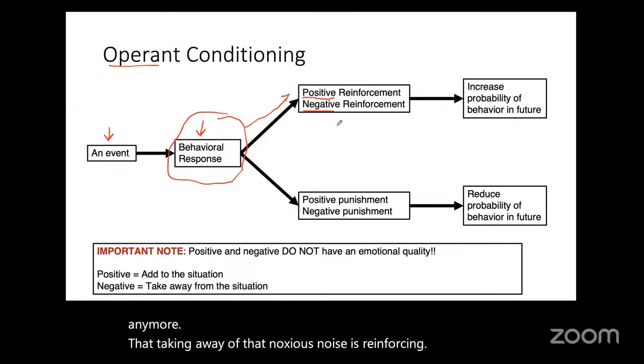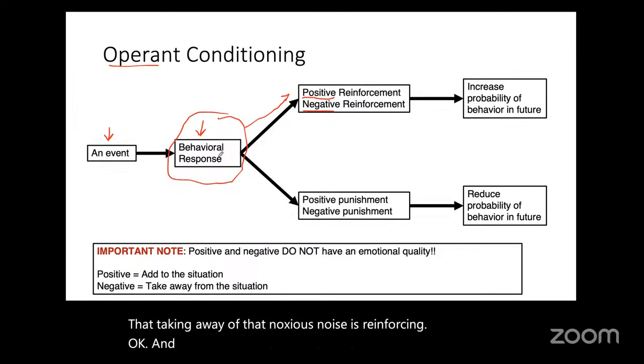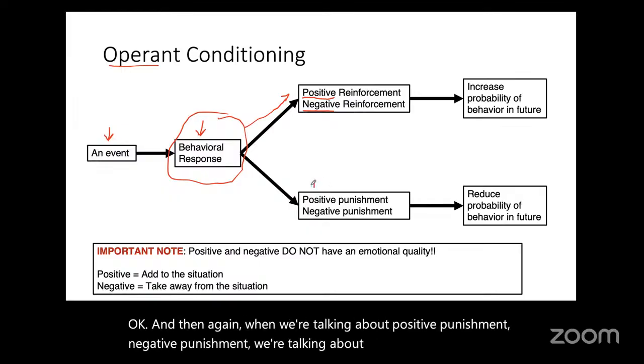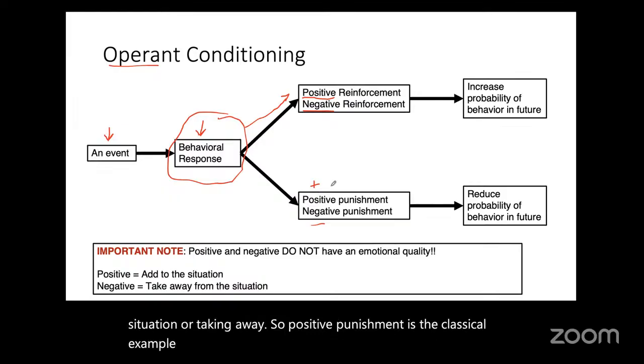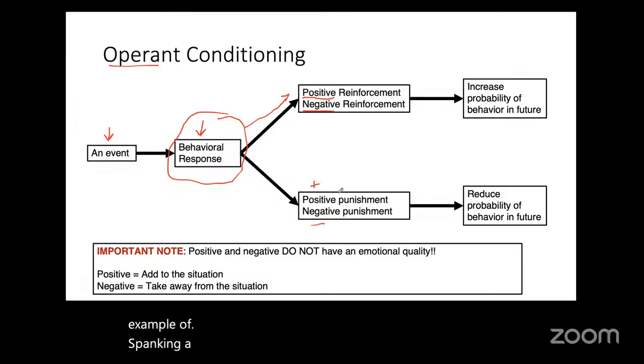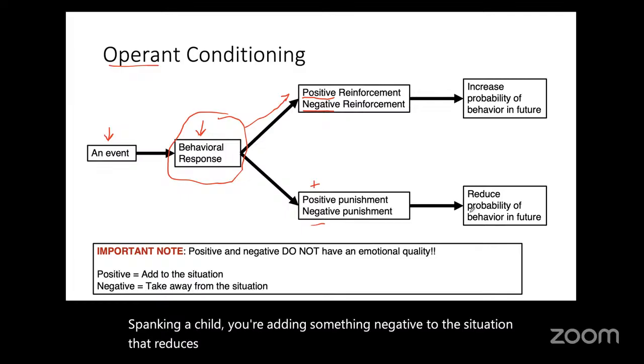Okay. And then again, when we're talking about positive punishment, negative punishment, we're talking about something adding to the situation or taking away. So positive punishment is the classical example of spanking a child. You're adding something negative to the situation that reduces the chances of the behavior. Negative punishment is you're going to take something away.